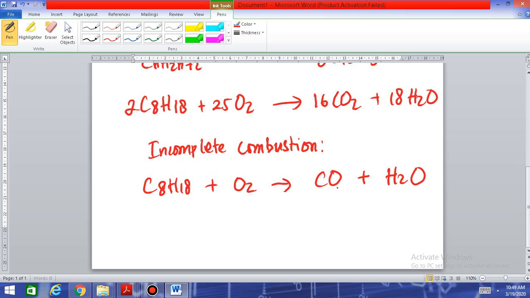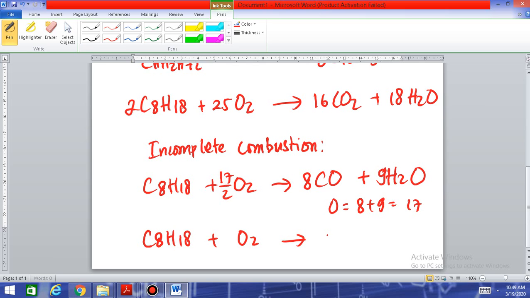Carbon monoxide or carbon is produced instead of carbon dioxide. 8, 9, and then for oxygen atoms on the right side, 8 plus 9, 17, so it must be 17 over 2. Or in very limited oxygen, carbon is produced.